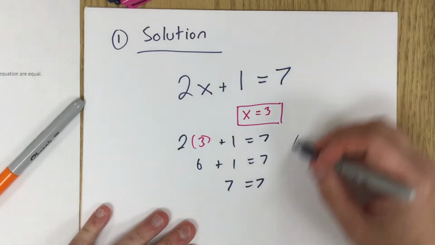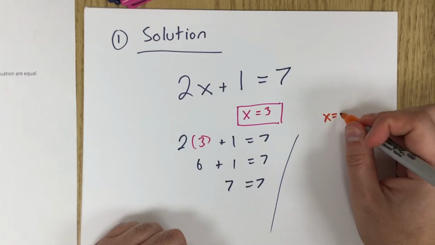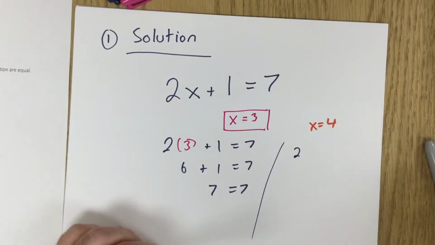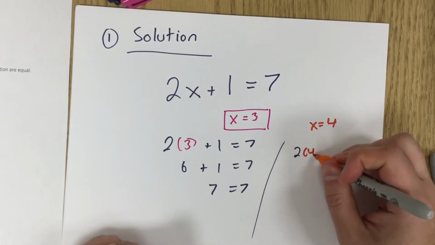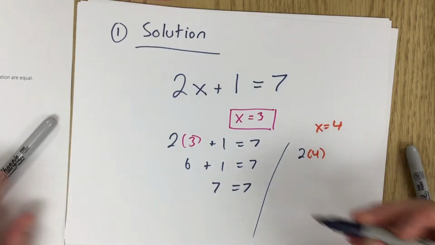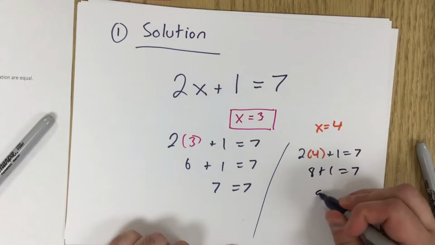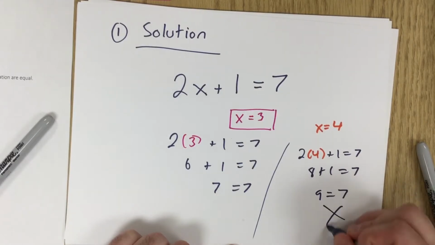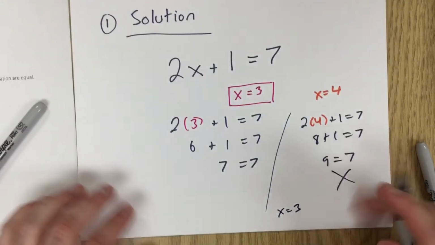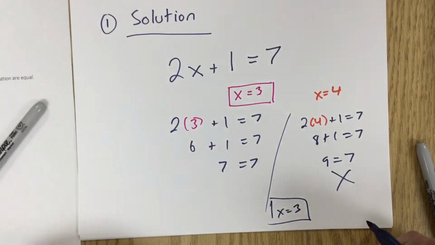If, for example, I had said that x equals 4 was a solution, and then we tried to plug that one in, it would be 2 times 4 plus 1 equals 7, 8 plus 1 equals 7, 9 equals 7, and that's not true. So x equals 3 is the solution to this equation, and there are no other solutions.